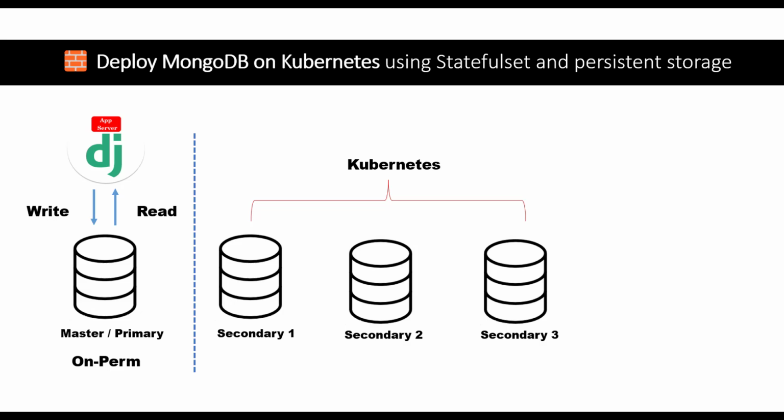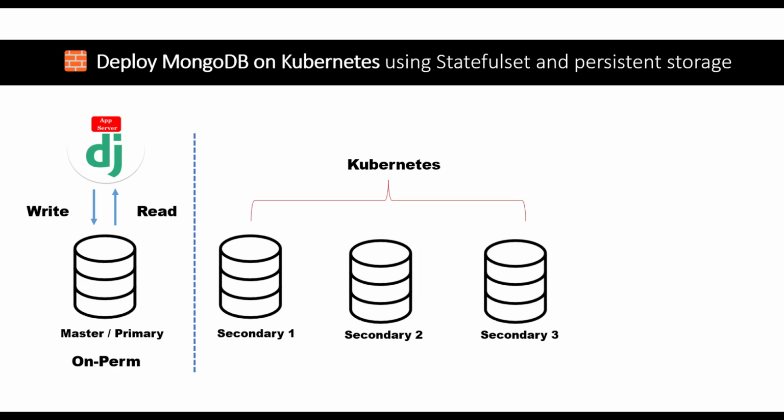Now we are in such a situation. We have one MongoDB server on Docker as an on-prem or existing database, which is the primary or master one, and we can write and read on it by an application, and Kubernetes pods as the secondaries.